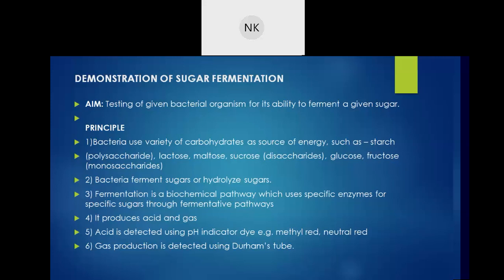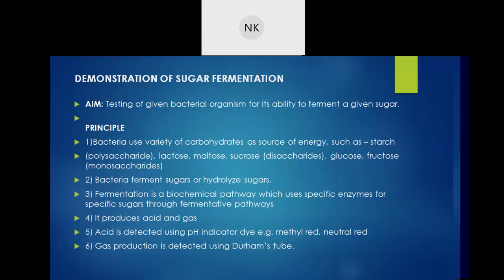When bacteria grow in any media which consists of a source of carbohydrate like glucose, maltose, sucrose, or lactose, they utilize that particular carbohydrate, and as a result they are able to ferment it. That means they are able to metabolize it and produce certain end products.